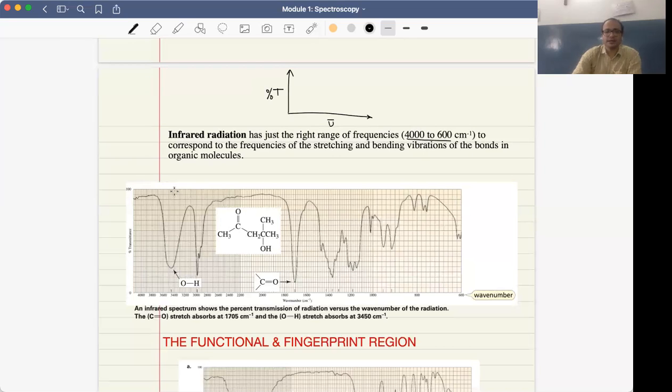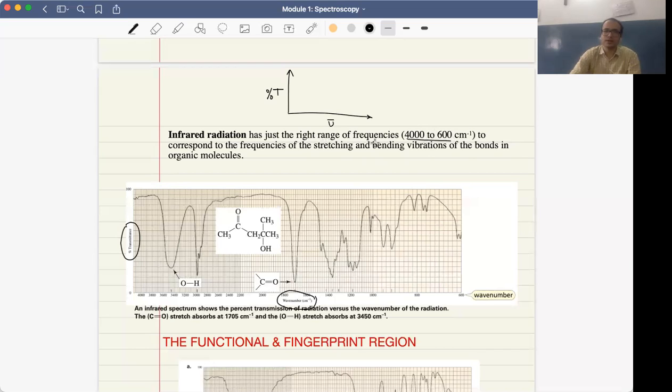So in this figure you can see a nice spectrum given on this board. On the y-axis we have the percentage transmission, and on the x-axis we have the wave number, written in centimeter inverse. We are actually measuring the frequency of the vibration, but for convenience, we convert those frequencies into wave numbers.